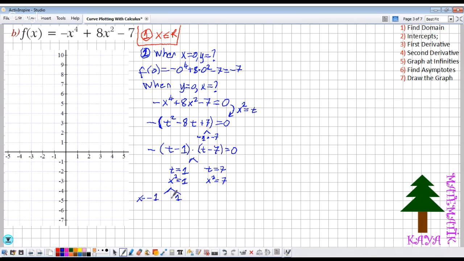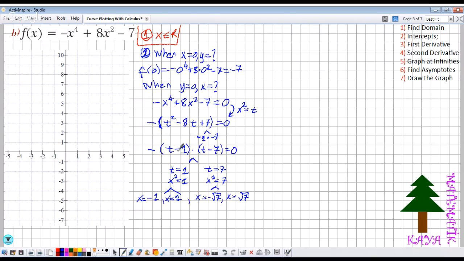So these are the critical points: x is equal to minus 1, x is equal to plus 1. From the 7, we can also find two more results: x is equal to minus square root of 7 and positive square root of 7.